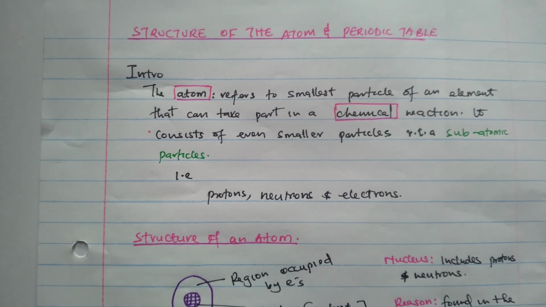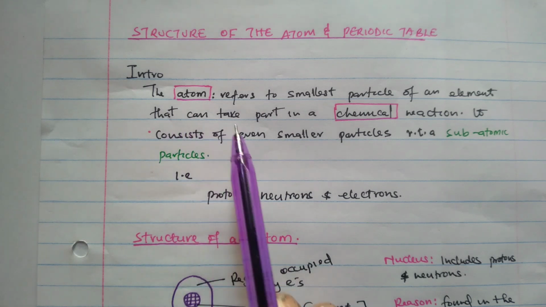In today's lesson, we're going to look into a bigger topic of structure of an atom and the periodic table. But I'm going to look into the introduction and look at the structure of an atom. So this is from form 2 work, and maybe in IGCSE it may be class 10. So we need to define what an atom is.